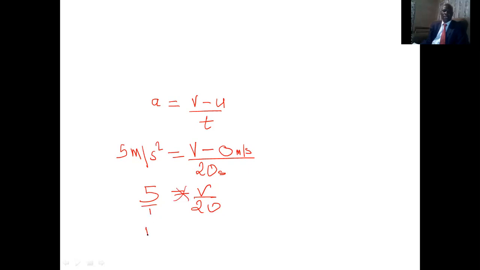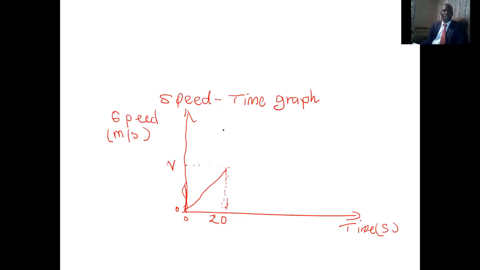So we get our final velocity to be 5 multiplied by 20, which is equal to 100 meters per second. And so we have found our final velocity, which is 100.